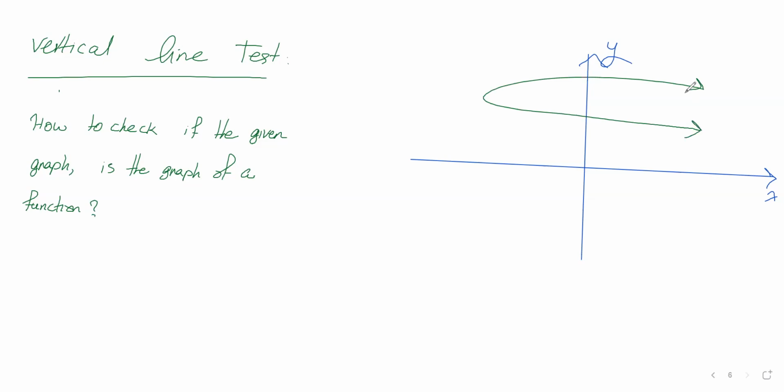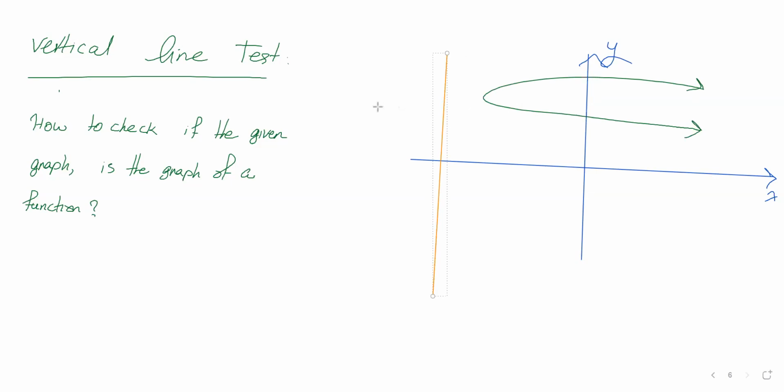You want to know if this is the graph of a function or not. Basically, what you have to do is take any vertical line. This vertical line doesn't intersect my graph, right?